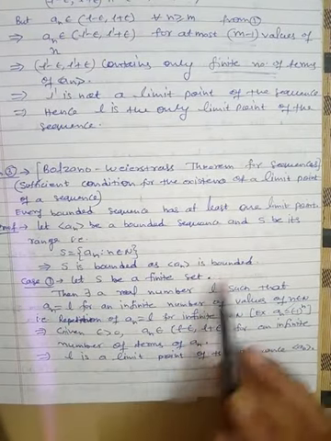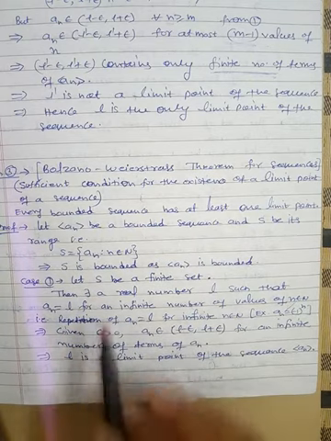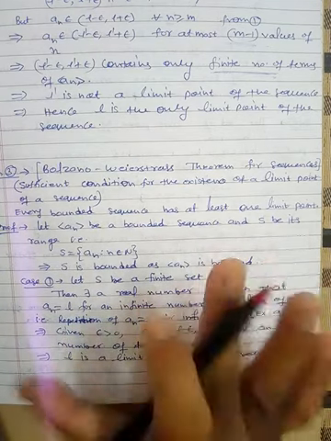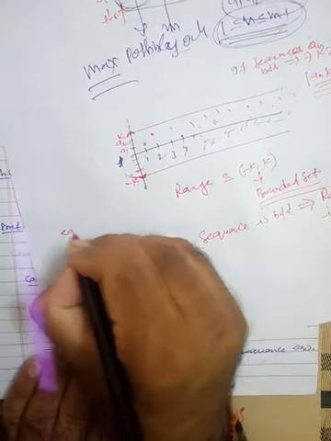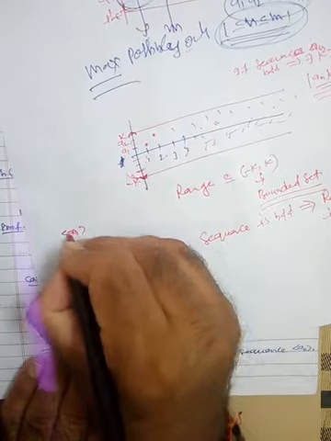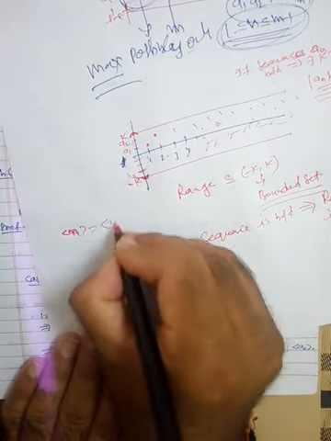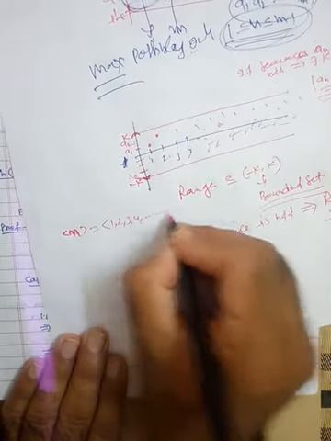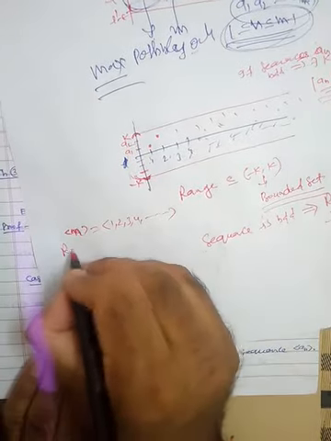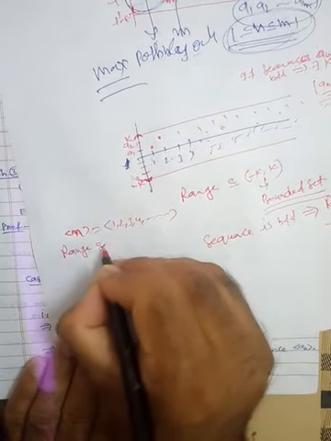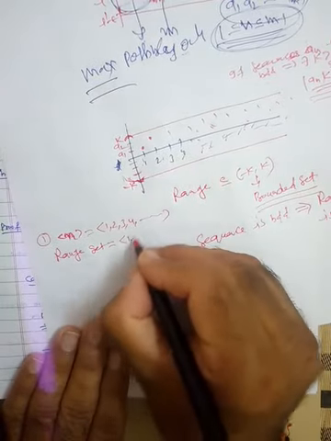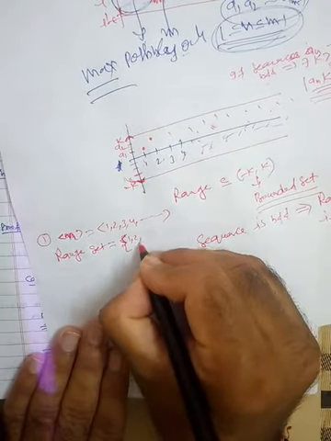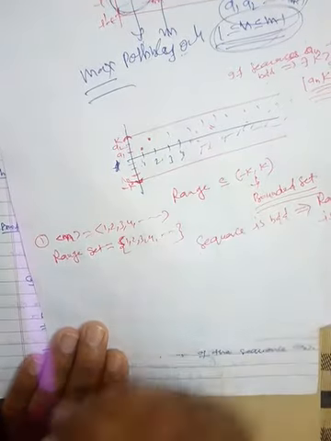Now, depending upon the type of the sequence, S is finite or infinite. For example, suppose your sequence is n, simply n. Then the range set is again 1, 2, 3, 4 and so on.